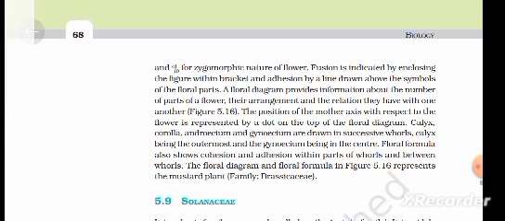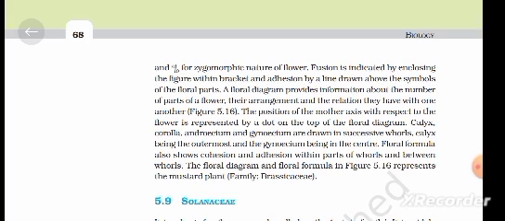Fusion is indicated by enclosing the figure within brackets and adhesion by a line drawn above the symbol of the floral parts. A floral diagram provides information about the number of parts of a flower, their arrangement and the relation they have with one another.